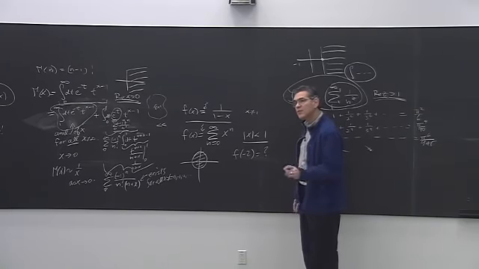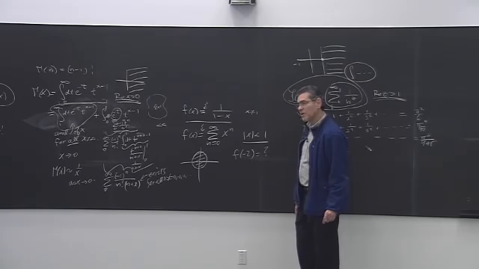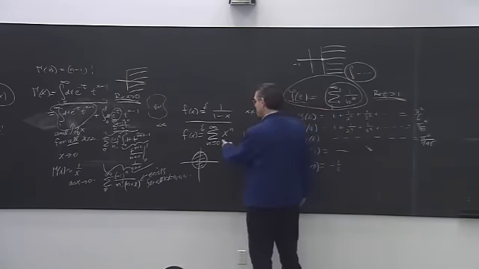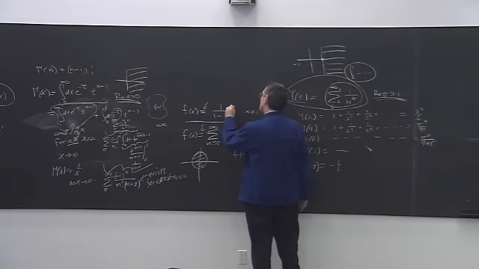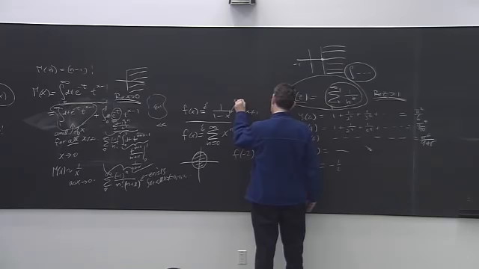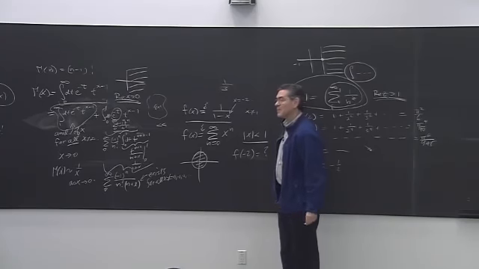So I need a different representation of the function. So one way to get a different representation is to be incredibly clever and to take this series and sum it up. And once I've summed it up, now I can plug in x equals minus 2, and the answer is 1/3. Okay? But this was an easy problem.